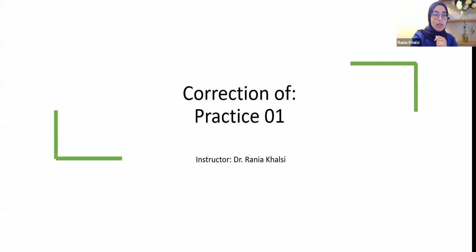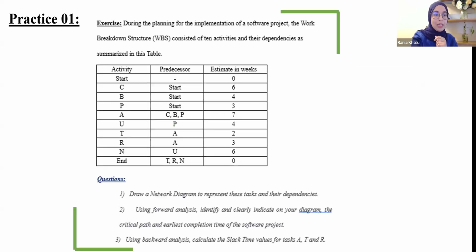In practice one, what we see is an exercise which says that during the planning for the implementation of a software project, the work breakdown structure, abbreviated WBS, consists of 10 activities. In this table, we have the summary of these 10 activities.